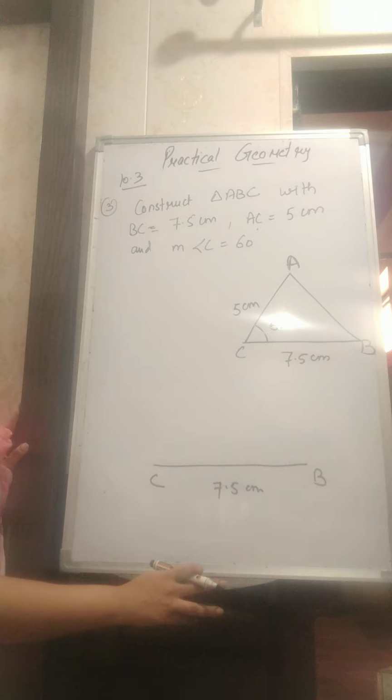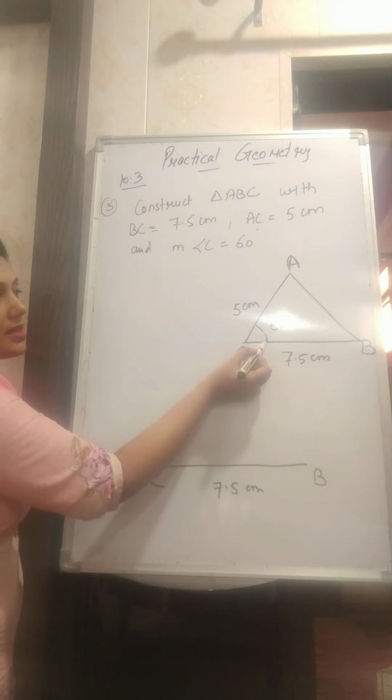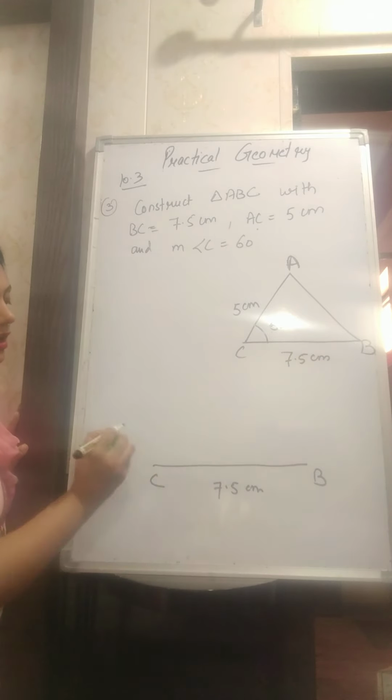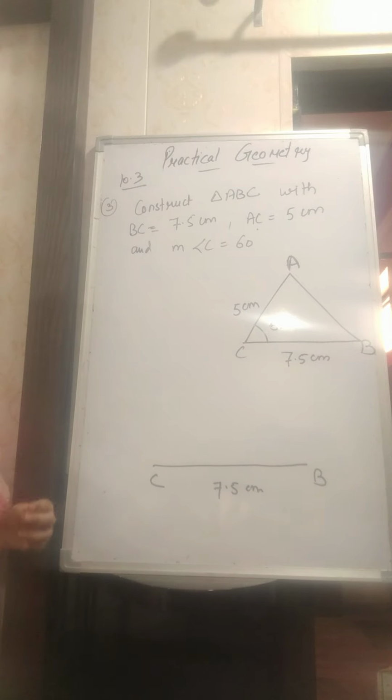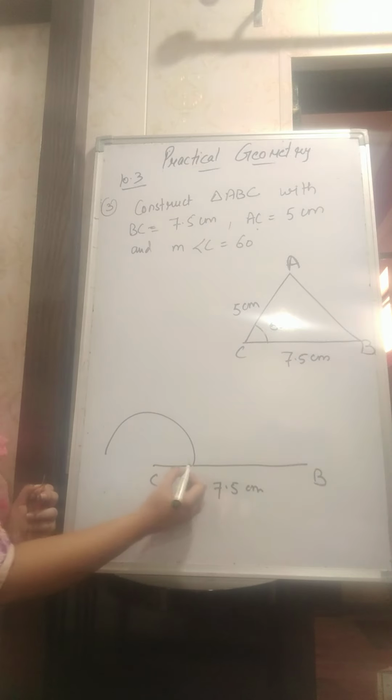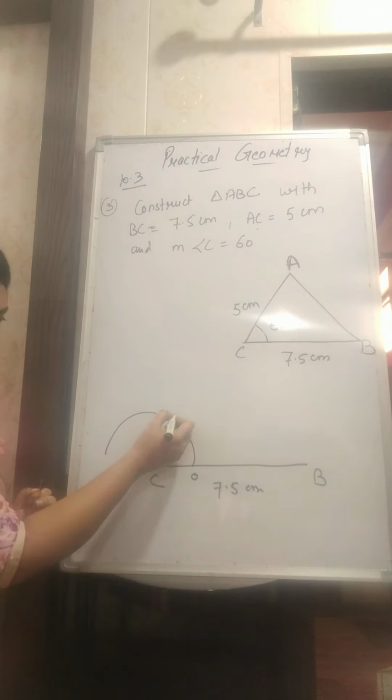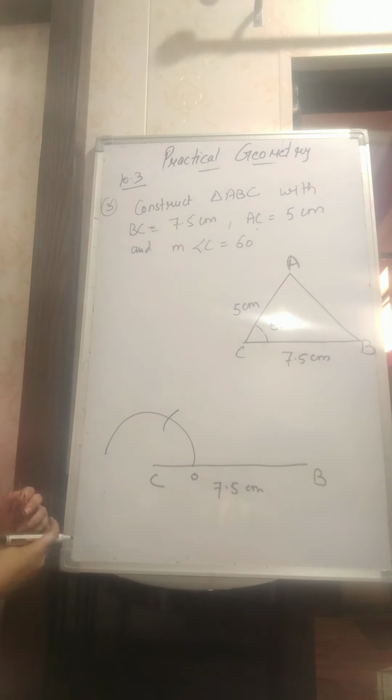Then the next step is to make a 60 degree angle at point C. Now again, you will open the compass to any radius and keep it at point C. Then you will make an arc like this, right? Then again, keeping the compass at the arc point, you will make the 60 degree angle.